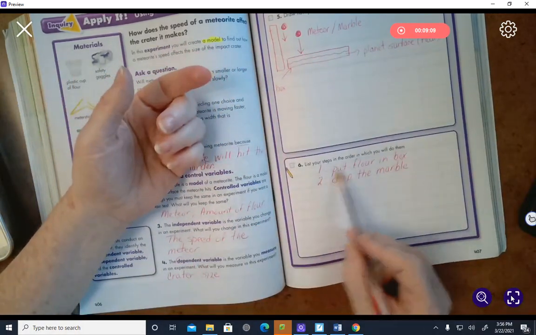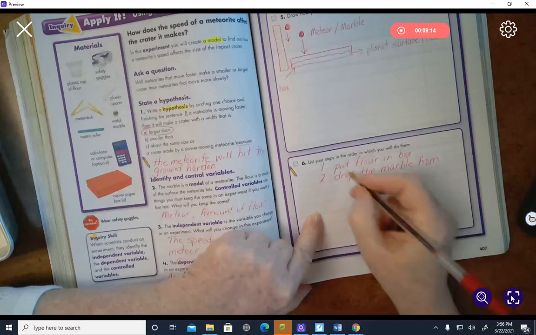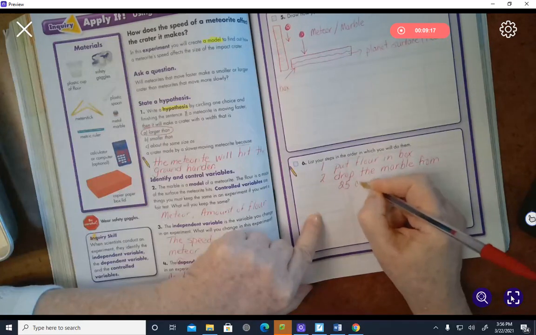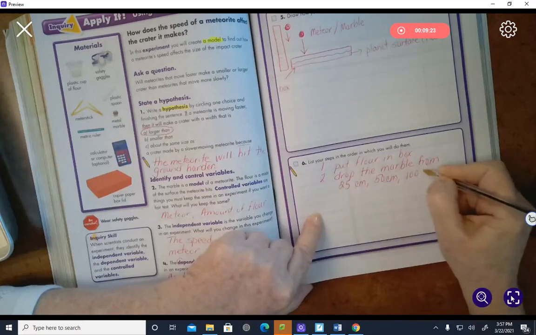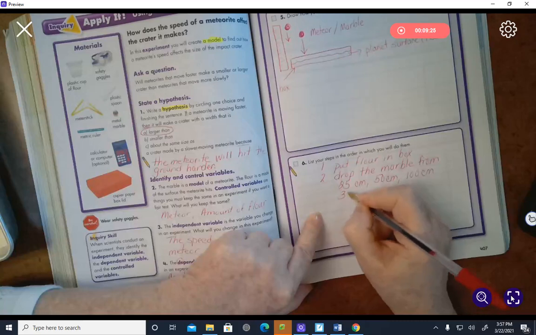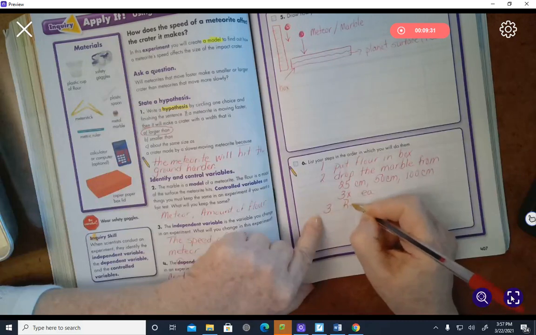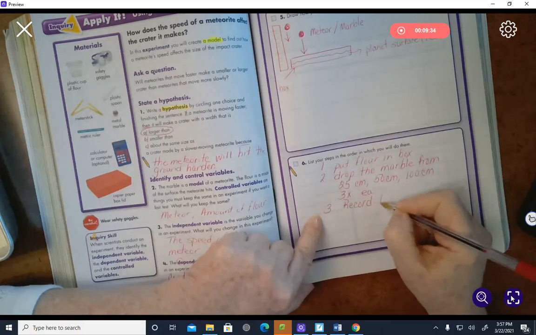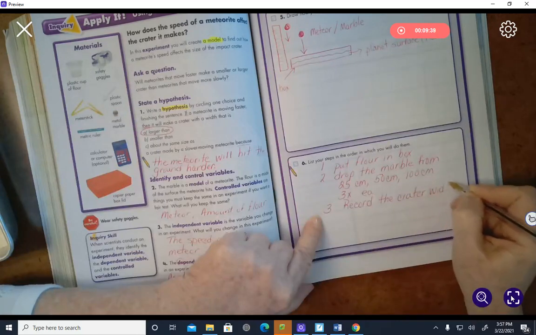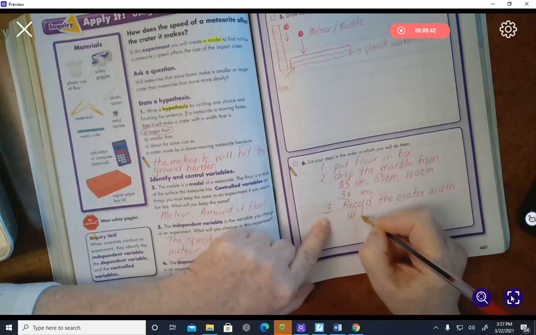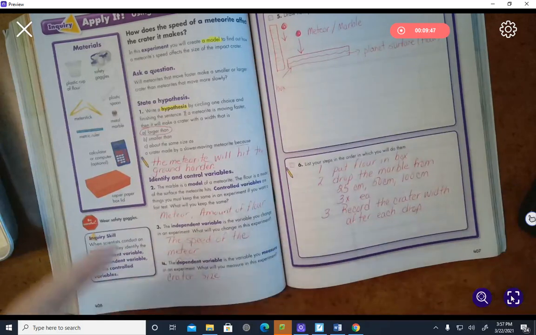So after I put the flour in the box, I'm going to drop the marble from 25 centimeters, 50 centimeters, and 100 centimeters, and I'm just going to do 3 times each, and you're going to record the crater width after each drop, and then we stop there.